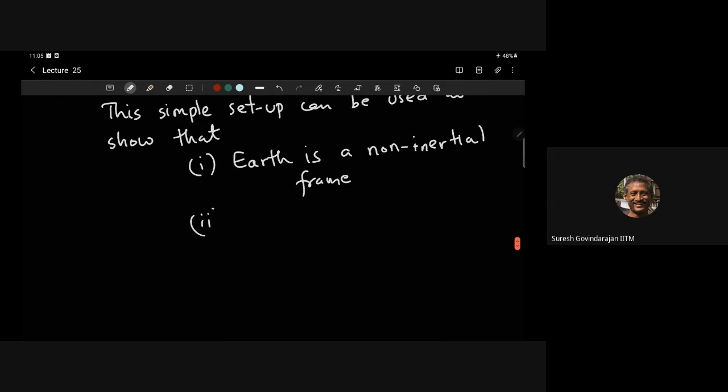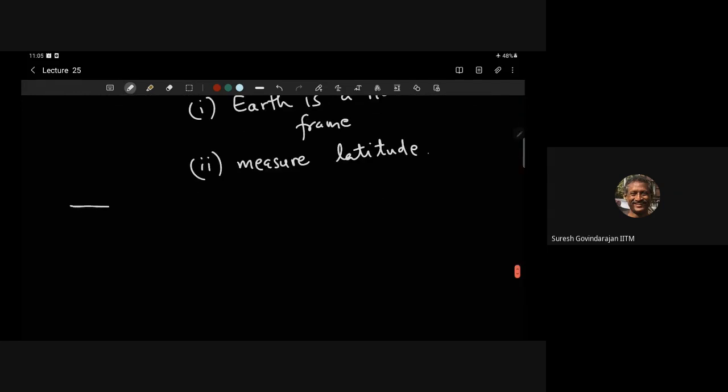The second thing is you can measure latitude. So these are the uses of it.